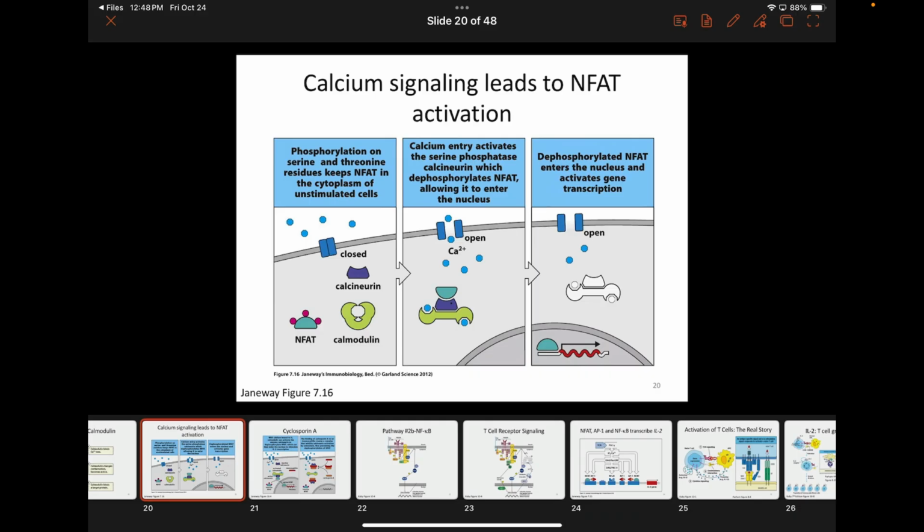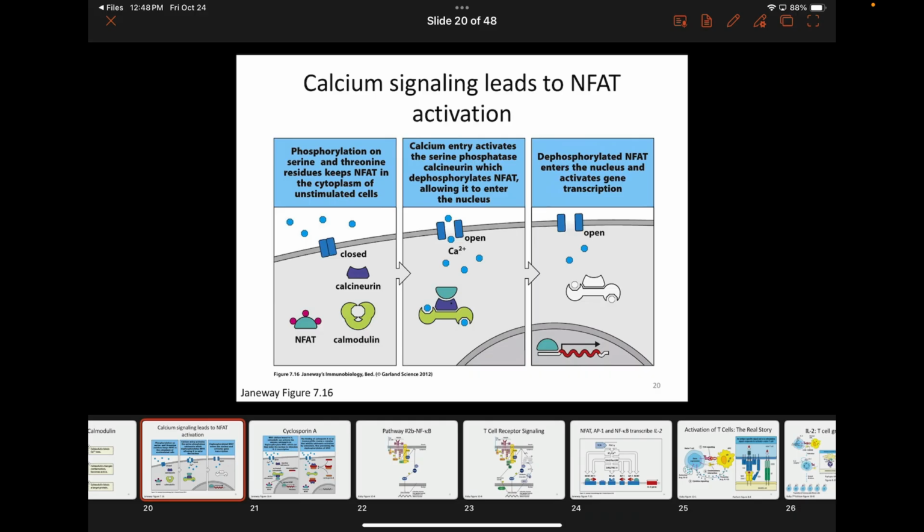So the T cell can never be activated. It just sits around being sad and not activated. It can get its AP1, it can get its NF-kappa B, but it can never get its NFAT. And so that T cell is never active and it's sad. This drug basically makes it so T cells can't get turned on.